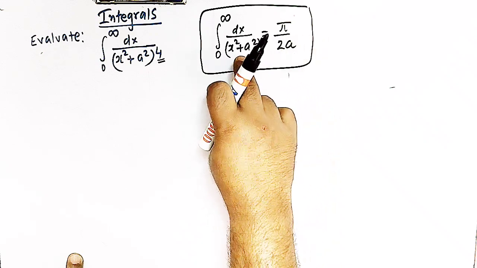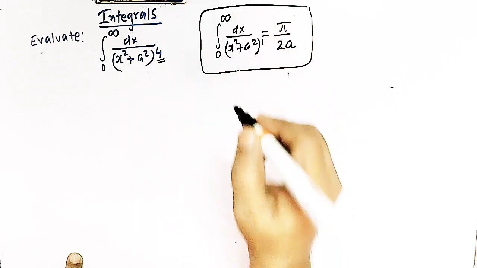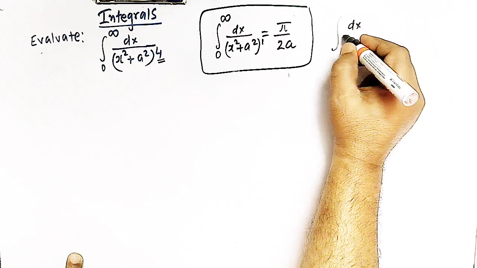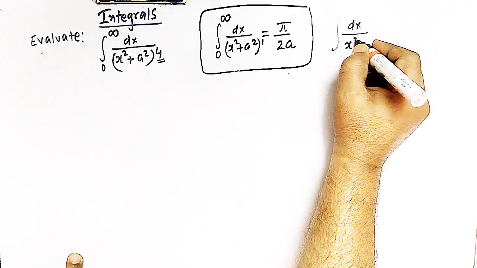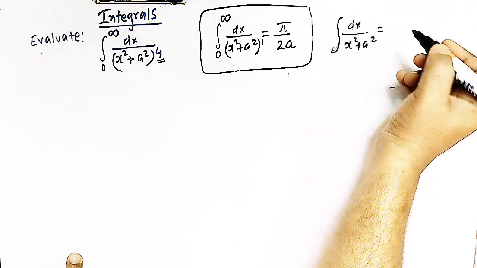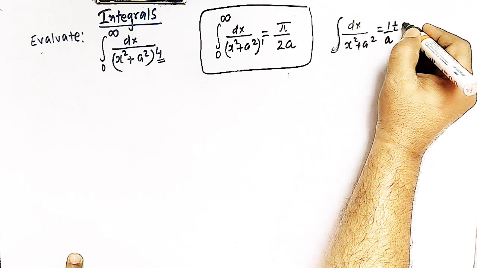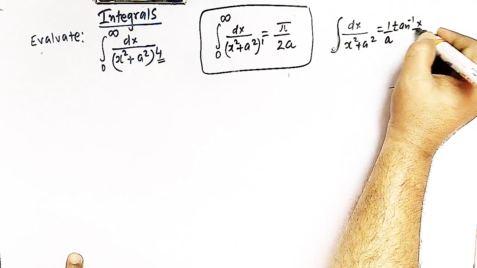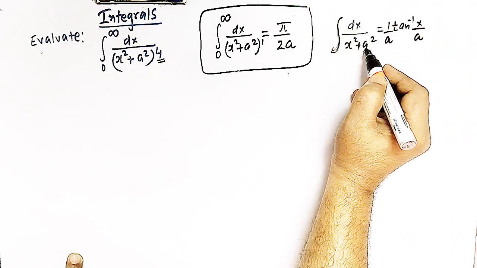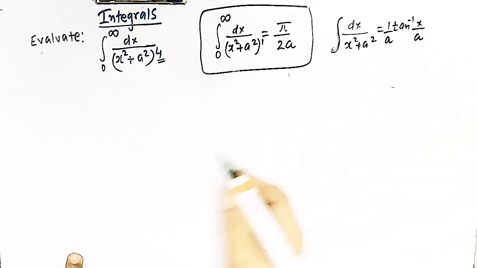And let us first quickly see how we have got this expression. Now see, we know that the integral of dx over x square plus a square is a standard result, and we have 1 over a tan inverse x over a. So the indefinite integral of 1 over x square plus a square is given by 1 over a tan inverse x over a.